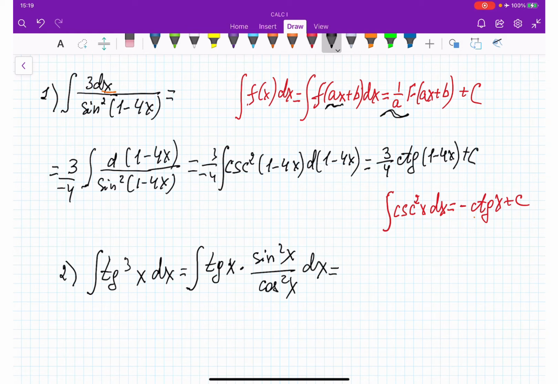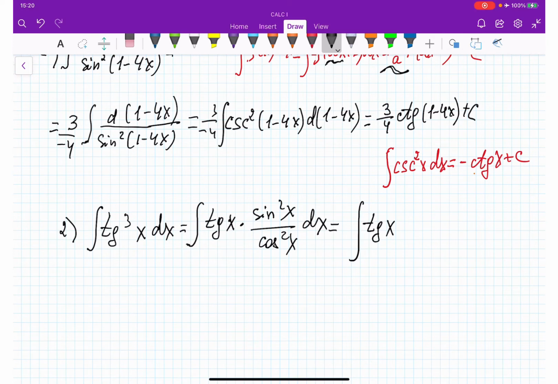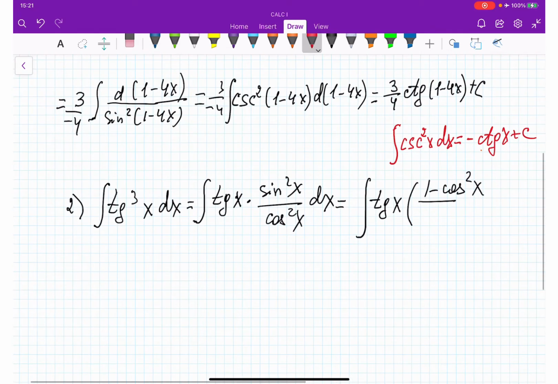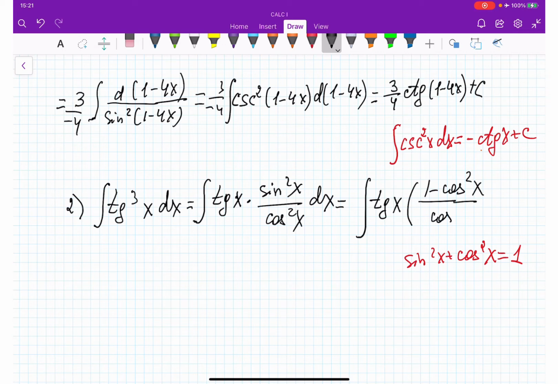And then we have tangent x. We rewrite sine squared x as 1 minus cosine squared x, because of the formula sine squared x plus cosine squared x is equal to 1. So therefore, here we have 1 minus cosine squared x over cosine squared x, and dx.